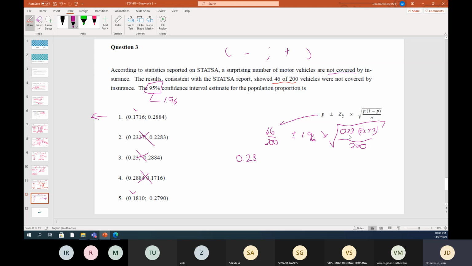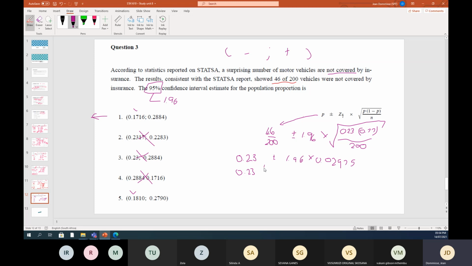If I take the square root of that, I get the answer of 0,02975. I'm just going to multiply that by 1,96 while I have it.